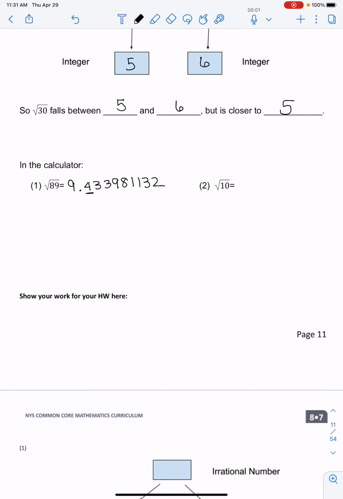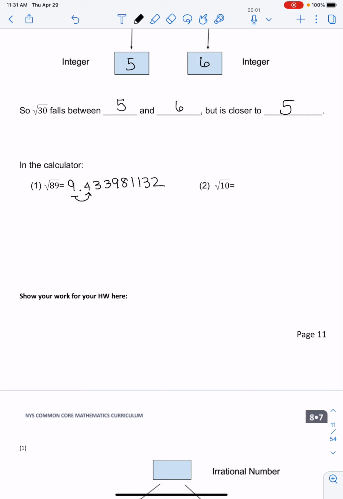So now when I look here, this is the number I'm looking at, because if I'm rounding, I'm checking to see which number it's closer to. I'm looking at this 9, and I'm going over here to the 4. If that digit is 5 or higher, of course I'm going to round up, meaning it's closer to the next number.